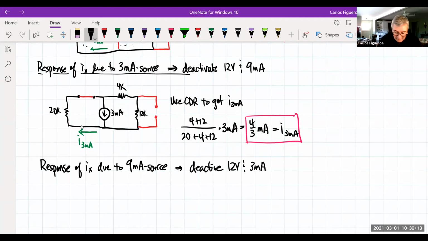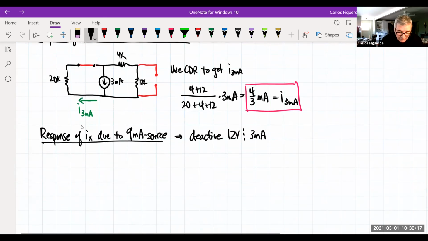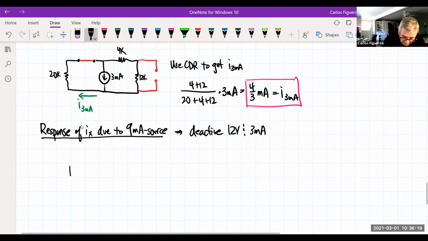So now that we sort of hopefully get a sense of what's going on, I'll move a little bit faster. So then I have what? I have the 20K. And so this guy's my short, this guy's my open.